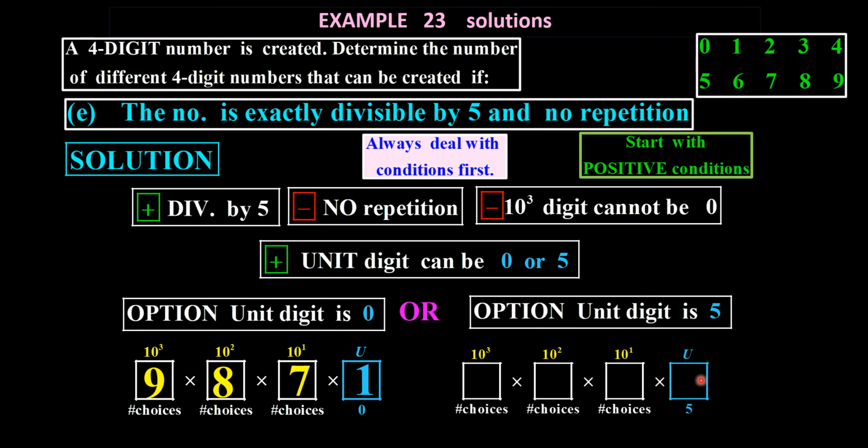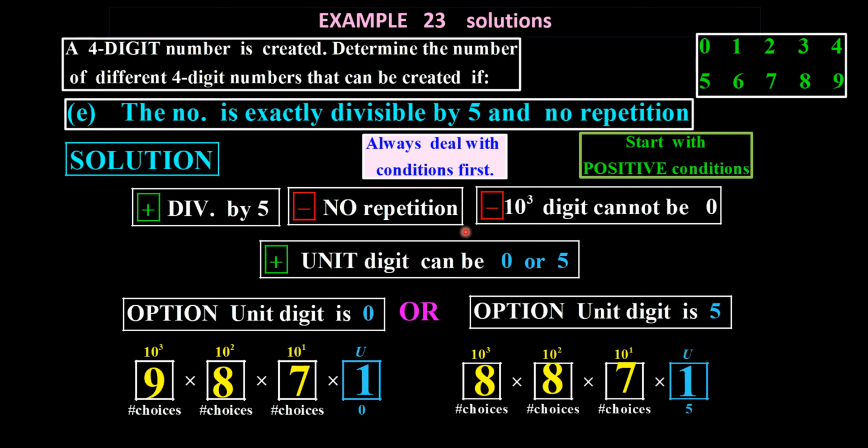Here, if I have a 5, I cannot put a 0 in the thousands place. So I've got the 5 and the 0, so there's 2 numbers I cannot use. So there, I'm still left with 8 options. Now I've used up 2 numbers already, but I have 10 available digits. That means I will still have 8 more. And then I have 7.